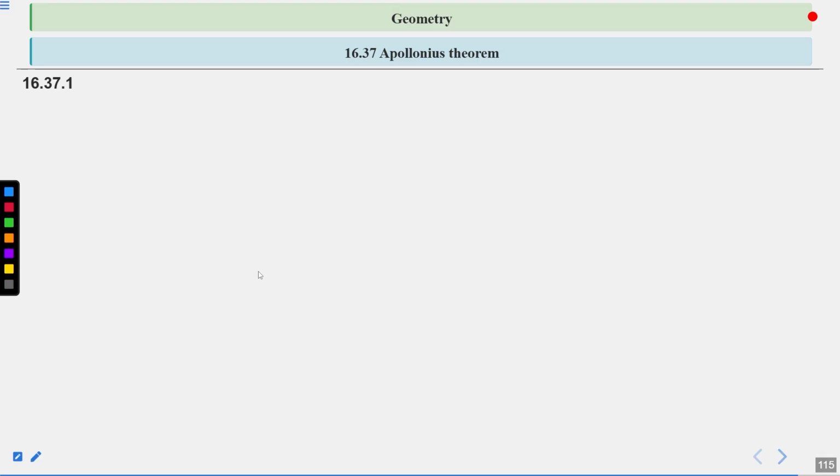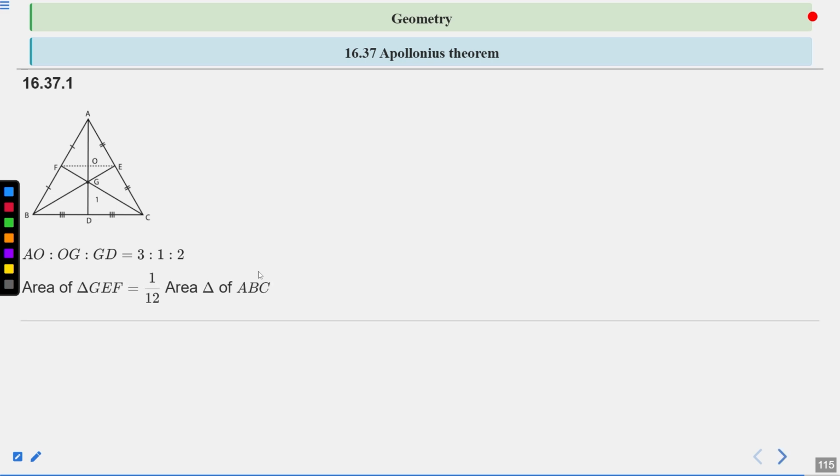In the Apollonius theorem, by this diagram we can say that AO ratio OG ratio GD will become 3:1:2. So the area of triangle GEF is equal to 1/12 of the area of triangle ABC.